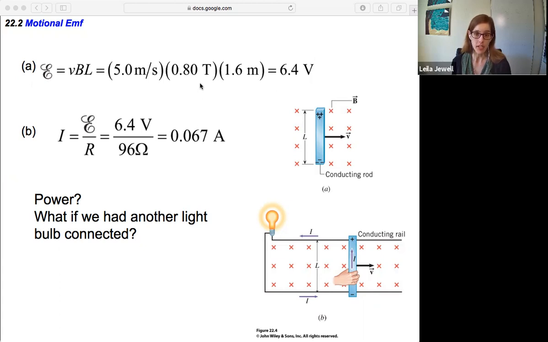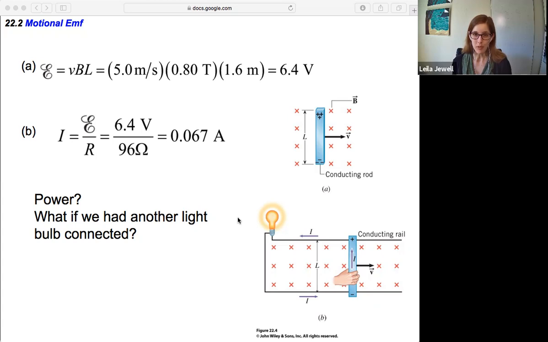But if you want, you can look into how Teslas break down to see that the volts do come out. And then for the current, that's going to be EMF divided by resistance. So 6.4 volts divided by 96 ohms comes to 0.067 amps, which is a pretty reasonable current. That's enough that it can turn on a light bulb.